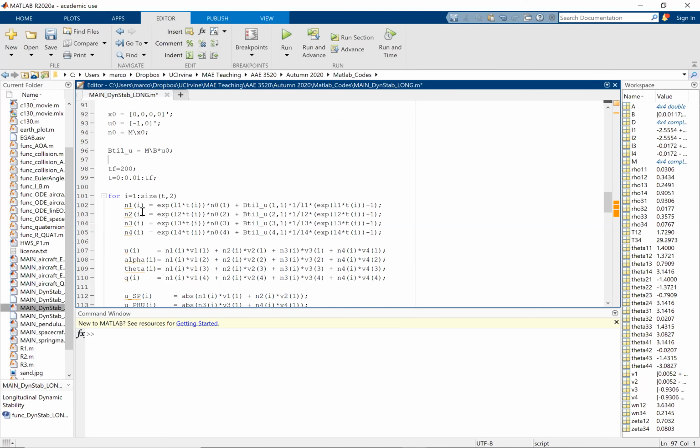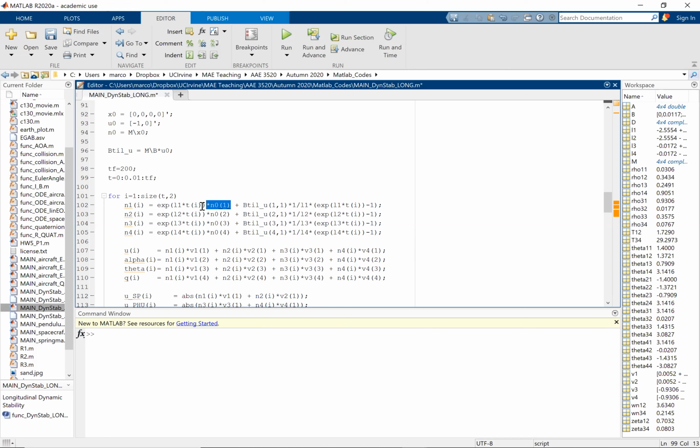And so the analytical solutions for N1, N2, N3, and N4, I've created a discretized time vector from 0 to here 200 seconds in intervals of 0.01 seconds. So I'm creating vectors containing the modal amplitudes eta 1 to eta 4 here. Of course, I wrote them down as N1 through N4.